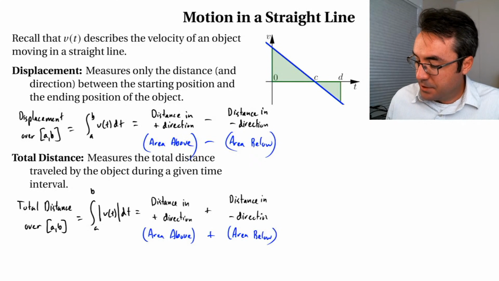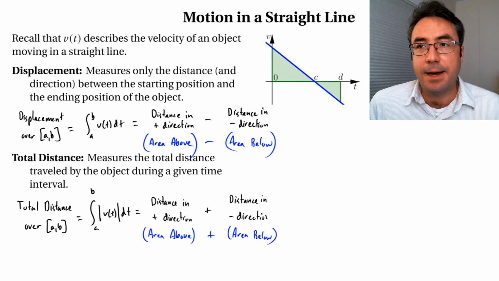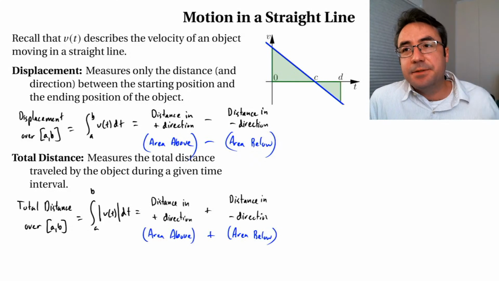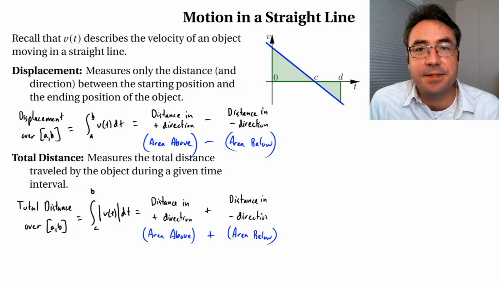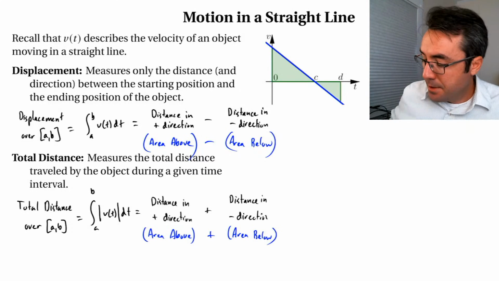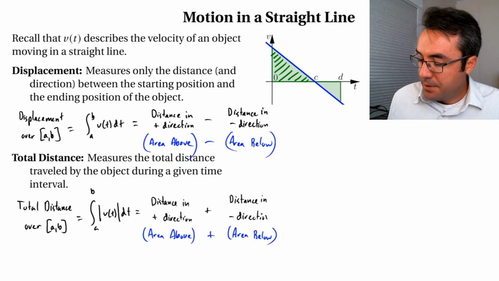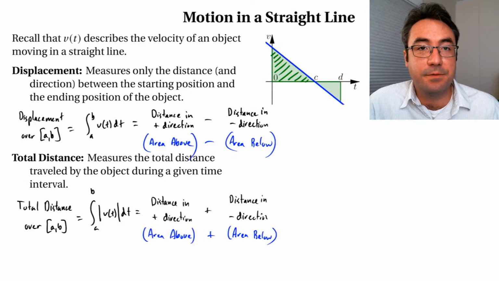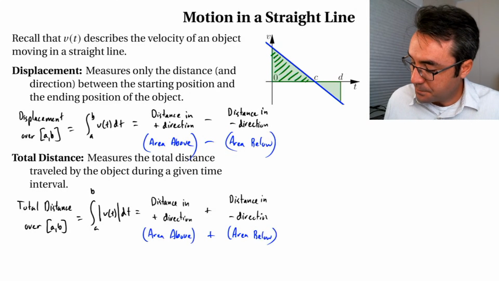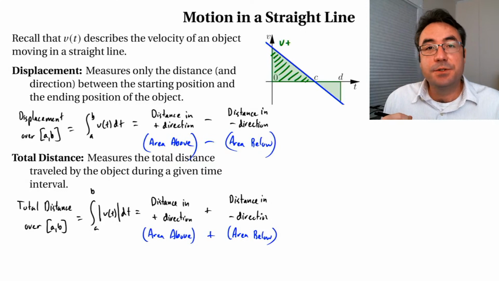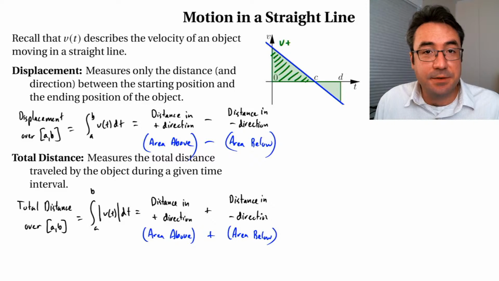So let's look at this little example here. We have a graph of some velocity function. It looks like a straight line, crosses the t-axis at time c. But what is the implication here for the area of this shaded region? Well, here v is positive. So that means we're traveling in the positive direction.